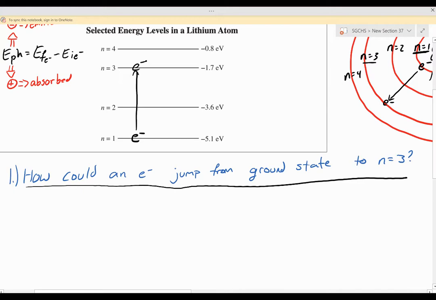So we're going to use our equation, the energy of the photon equals the final energy level of the electron minus the initial energy of the electron. In this case, for us to increase an energy level, a photon is going to have to come in and be absorbed. Remember, in the perspective of your atom, it has gained energy. So we are going to get a positive outcome.